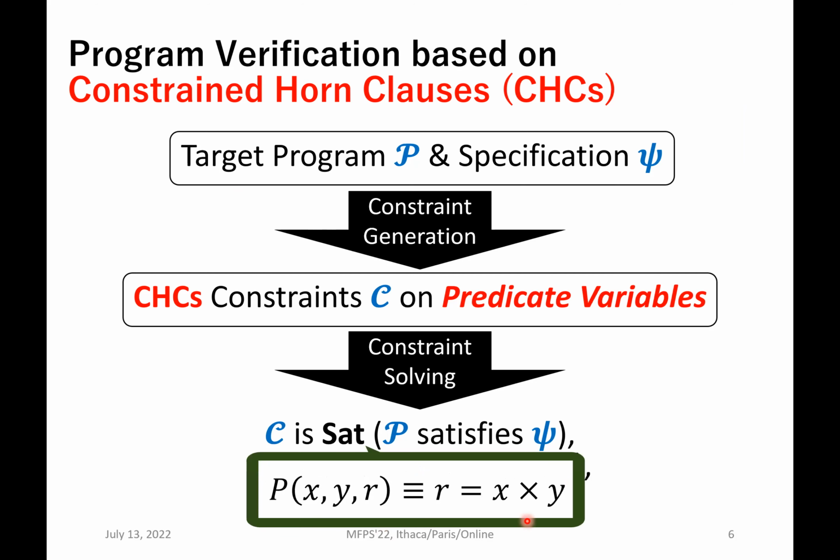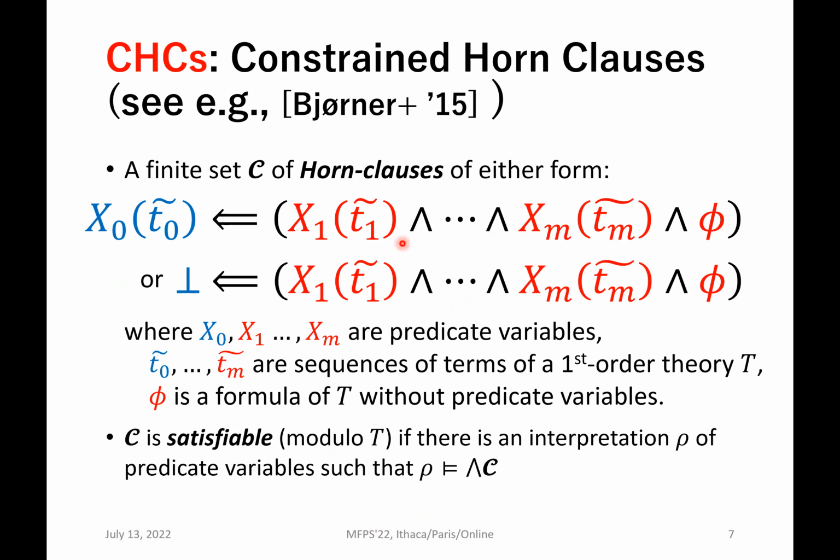And in general, the CSC is defined like this formally. A CSC is a finite set C of Horn clauses of either form. The first form is a definite clause, and the second one is a goal clause with the head. Head is a pure formula without predicate variables.